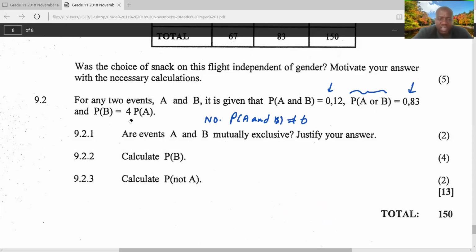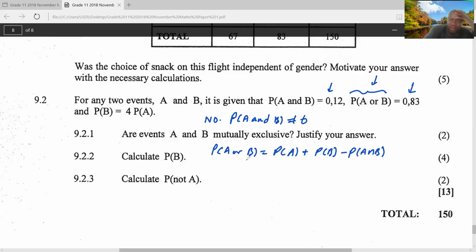Now, the second question says, calculate the probability of B. We're not told anything about independence, so we're not going to use independence here. We're given an addition rule. From the formula sheet, the addition rule says the probability of A or B is the probability of A plus the probability of B minus the probability of A and B. Let's do the substitution.